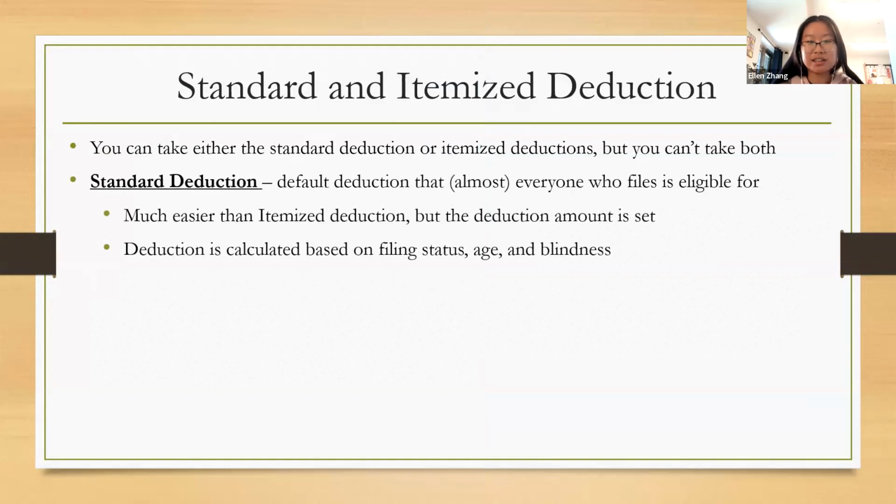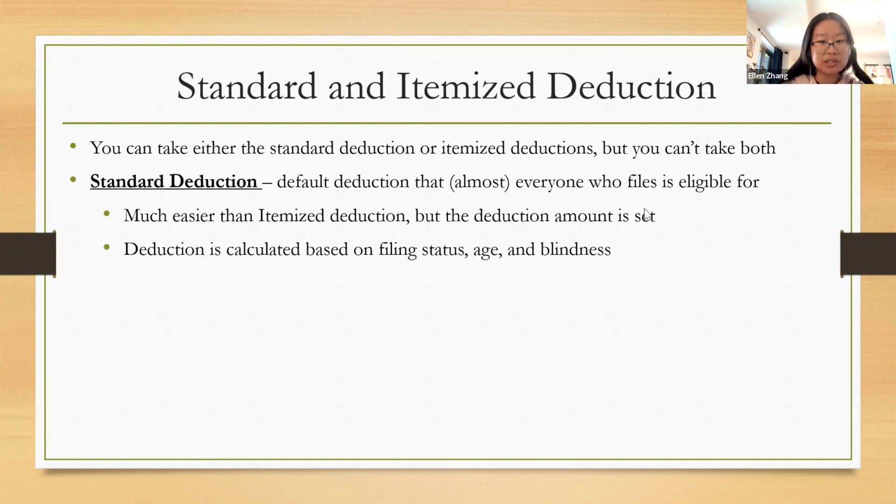So a standard deduction is the default deduction that almost everyone who files is eligible for. There are some certain exceptions that we can talk about after this. Standard deductions are just much easier than itemized deductions because the deduction amount is set in stone. It's calculated based on your filing status, age, and blindness.